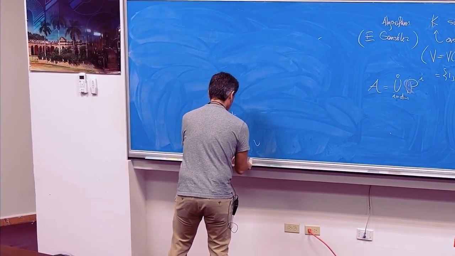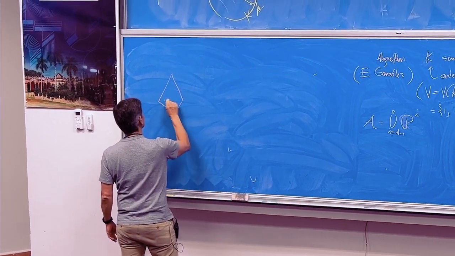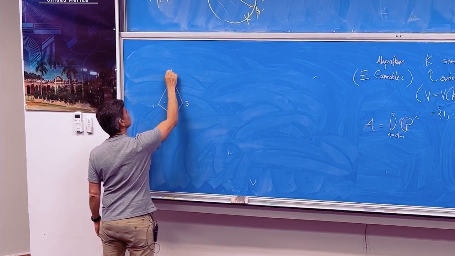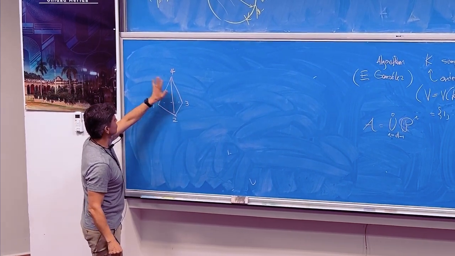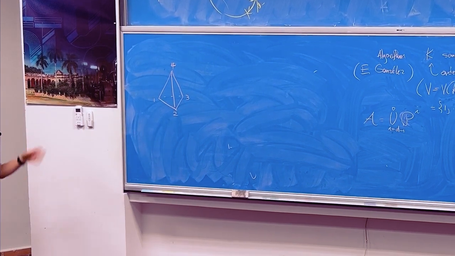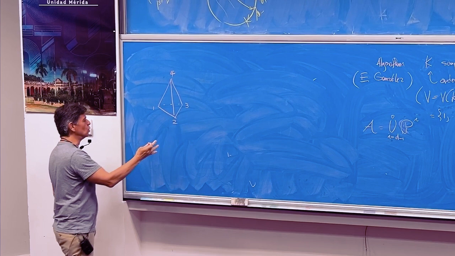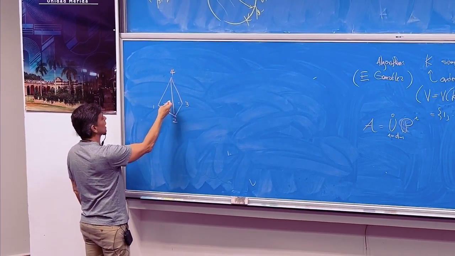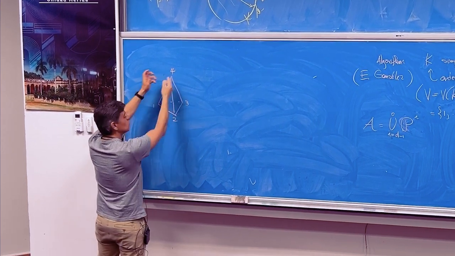So suppose you have a tetrahedron, 1, 2, 3, 4. And then you have the face 1, 2, 4, and so on, edges, vertices, and so on. Now, this is contractible, and you can say you don't have to do much, but for instance, you can just contract everything from top to bottom.